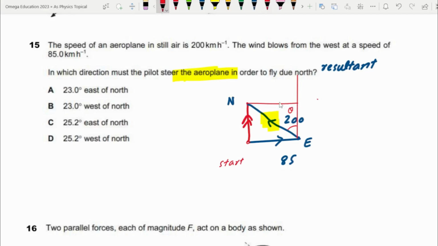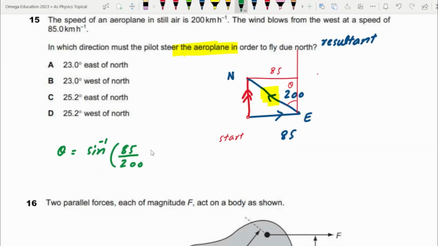It's all mathematics from here. So this side, opposite to the angle, is 85, and then you need to find this angle theta. So you can use theta equals perpendicular over hypotenuse, so you get 25 west of north.